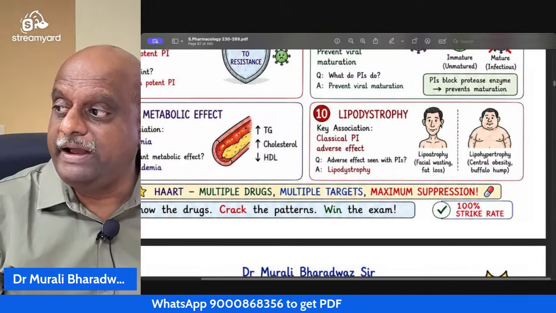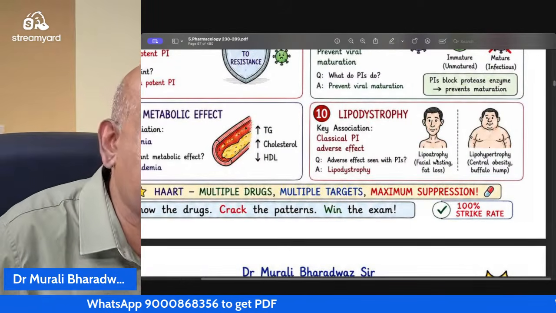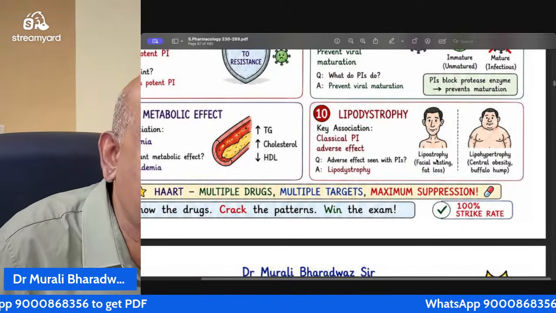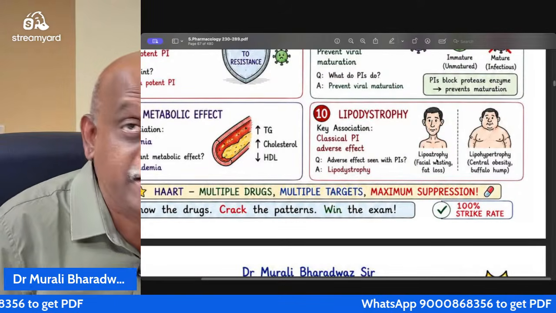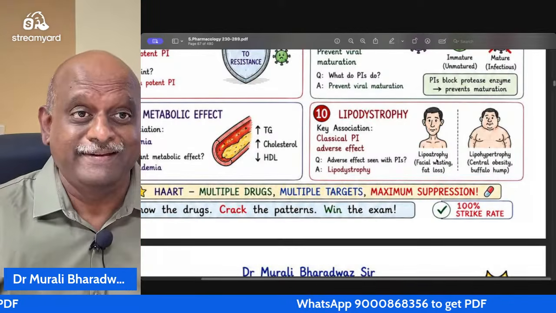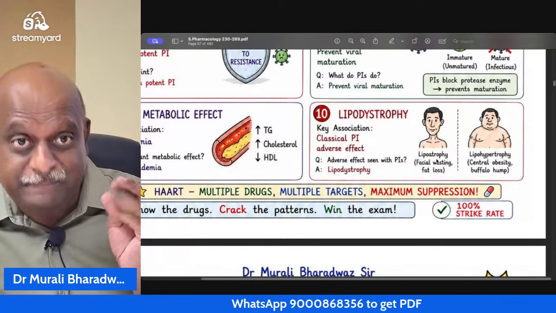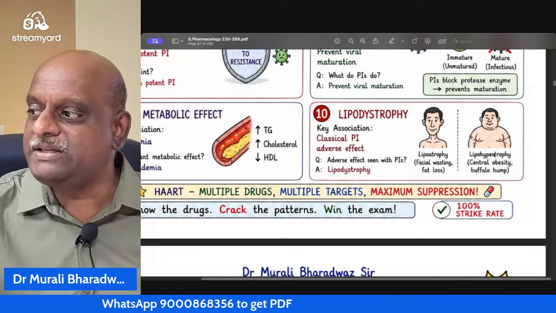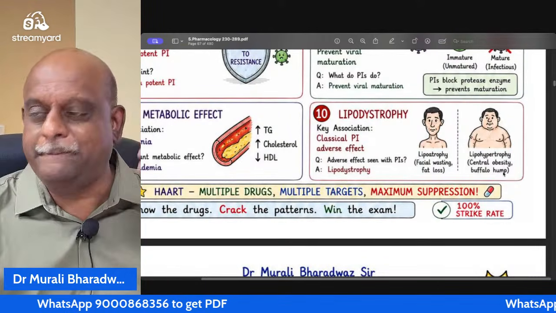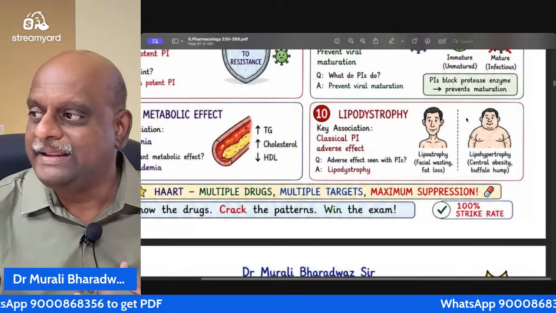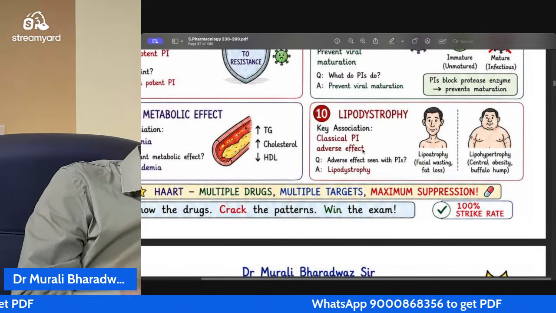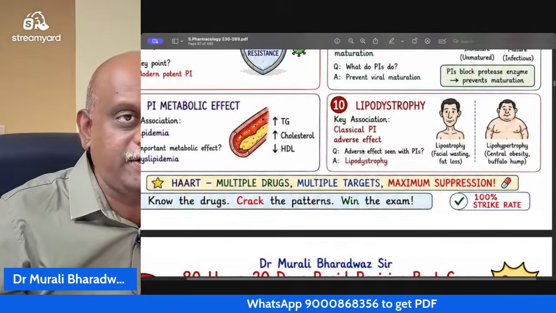And the wife of a patient who is taking a protease inhibitor will come and thank you. My husband became chubby. But actually all that chubbiness is because of the lipodystrophy. So there will be central obesity, buffalo hump, facial wasting. The combination is the lipodystrophy specifically caused by protease inhibitors is what you need to remember.